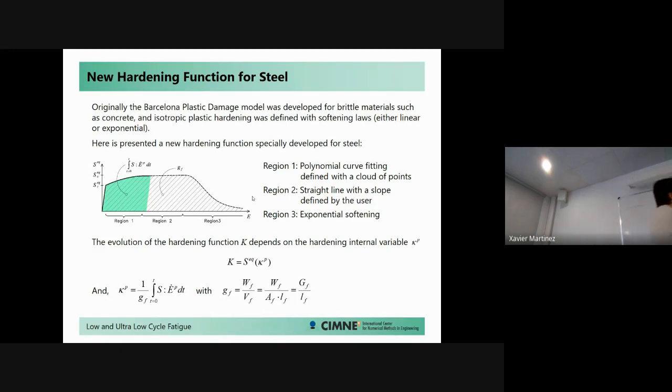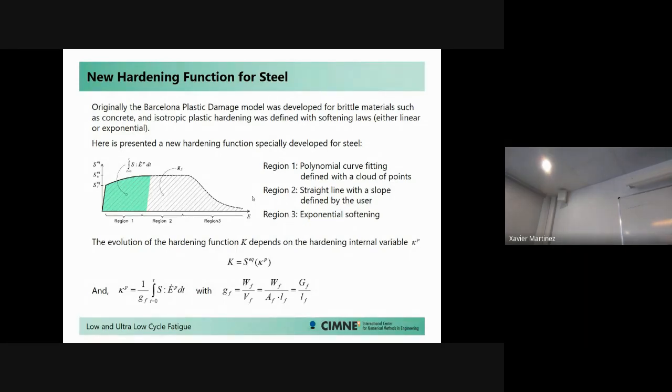If you've got a larger area, your material will be able to dissipate more energy, and then it will hold larger cycles. If you reduce this area, your material will be able to hold less. And what happens if you do very large cycles? Just imagine your hysteresis cycle just comes to the middle, just comes back, and then comes again to the middle.